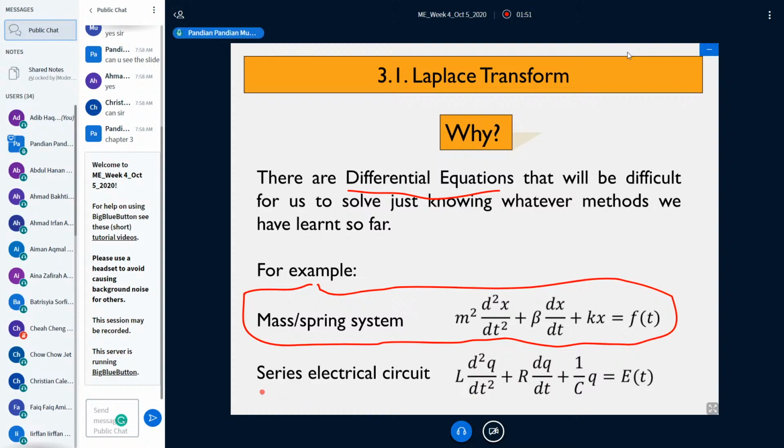For an electrical system, we have a circuit problem here: L d squared q dt squared plus R dq dt plus 1 over C q equals E(t). So these are the applications in engineering. Of course, there are many more applications available. You can refer to any reference book.